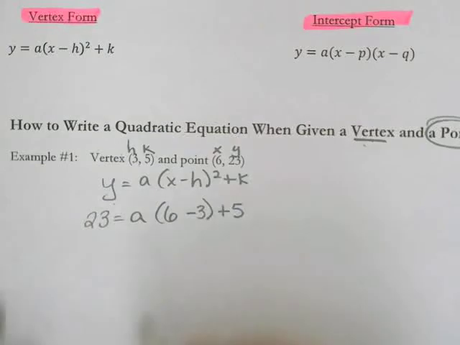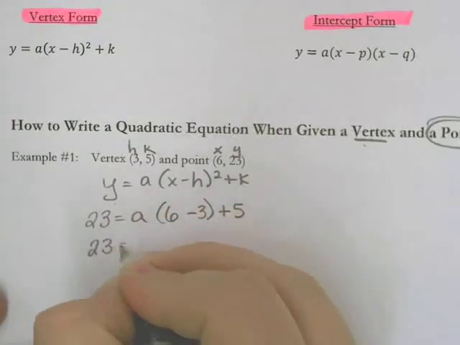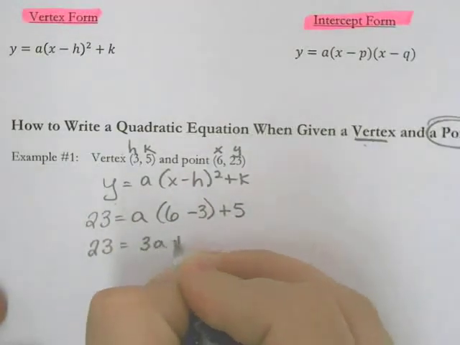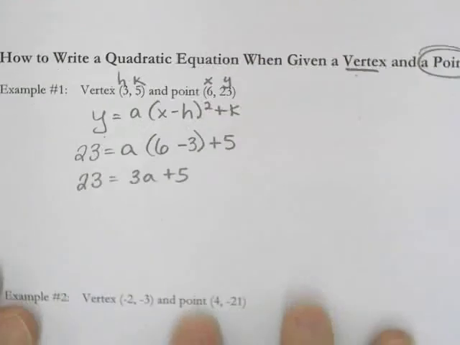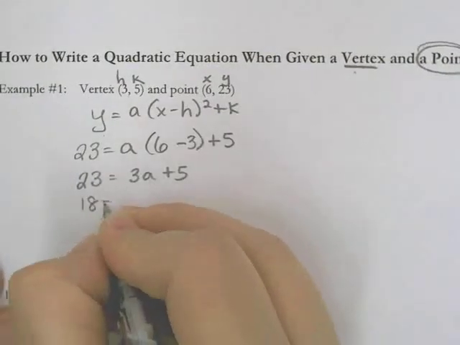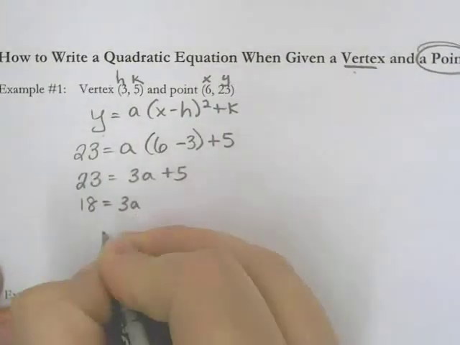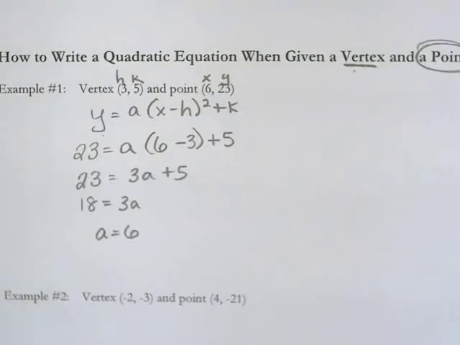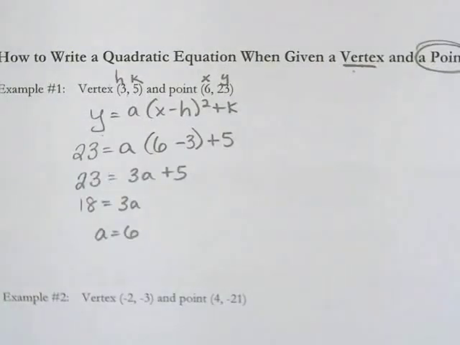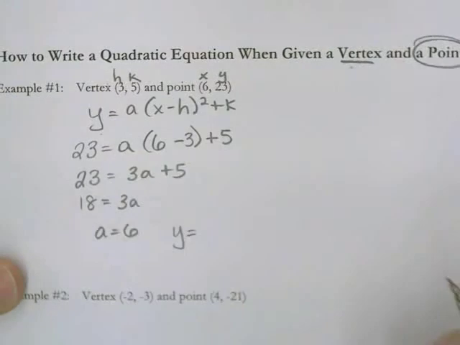So now I'm going to do my math, and I get 23 equals 3a plus 5. I'm going to go ahead and minus 5 on both sides and get 18. So I get a is 6. Now, we're almost done. It would be nice if it were that easy, but you have to actually write an equation for it. So now I'm going to plug it back into my vertex form.